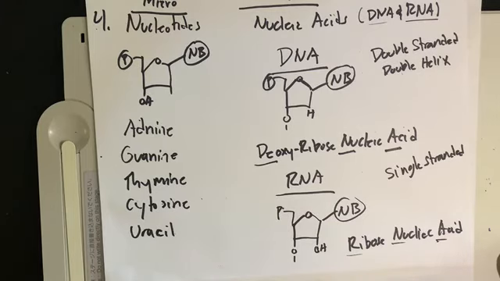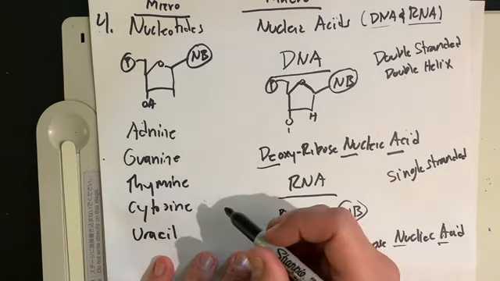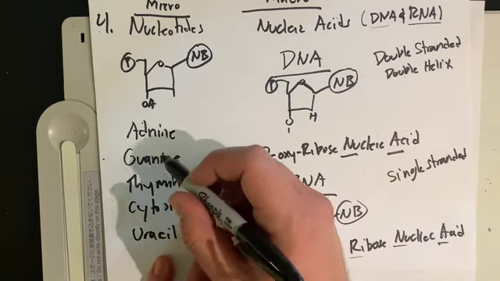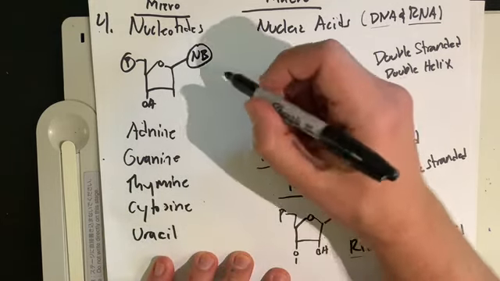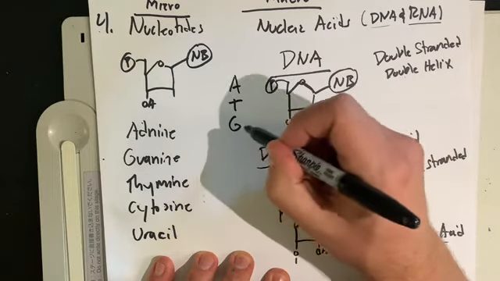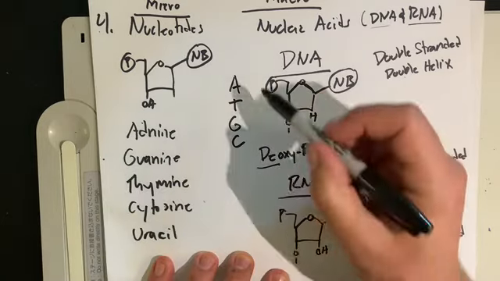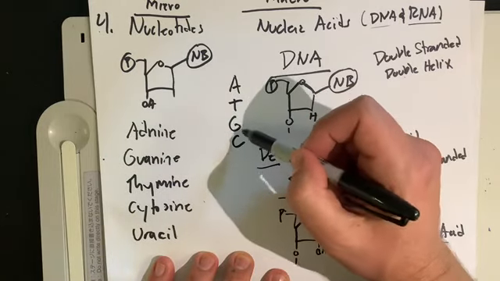And then the third main difference between DNA and RNA is which nucleotides they use. DNA will use adenine, thymine, guanine, and cytosine. So I'm just taking the first letters of each one of these: adenine, thymine, guanine, cytosine.